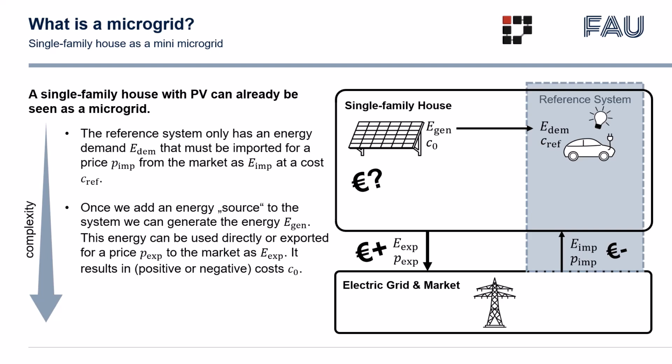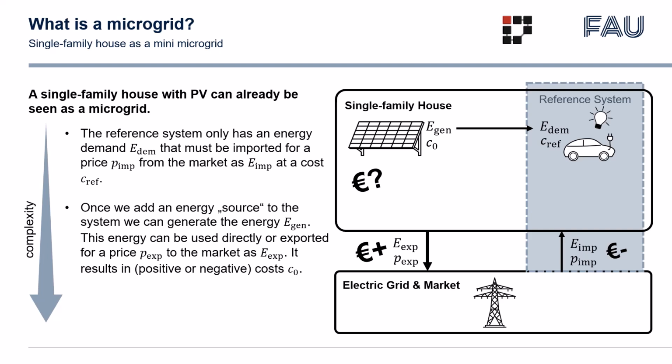Hence, you get a change in your overall costs of ownership of your house by C0. So C0 here includes investment costs into your photovoltaic system, savings by a reduced energy import, and additional revenue by exporting energy.